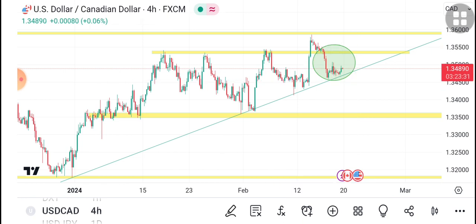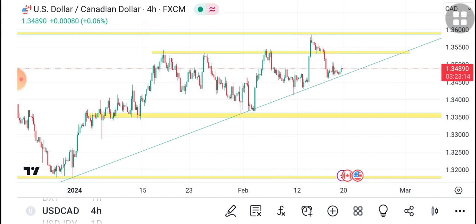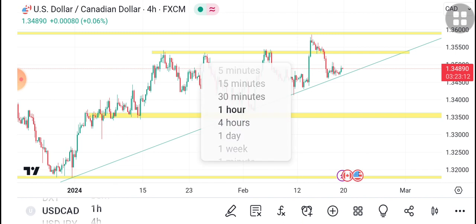When we go down to our 1-hour and our 30 minutes, that is usually where we conclude on the direction we're taking. It's where we conclude on whether we're selling or buying this particular pair. So now we're going to go to our 1-hour time frame.